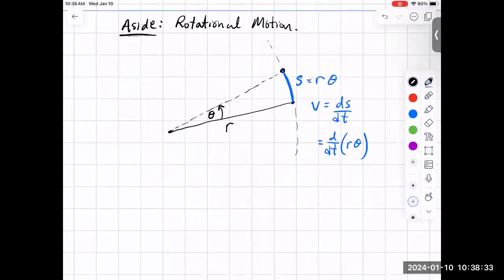So therefore v is, well, if I take the derivative of a constant times something, like the x derivative of c times x is just c times the derivative of x with respect to x. The constants can always come outside of the derivative, right? And so this is just the same thing as r d theta dt.